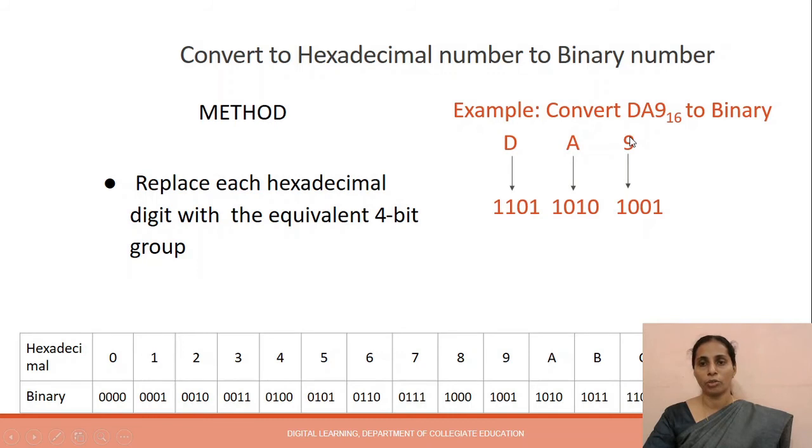Write a 4-bit group for each symbol in that number. So 9 can be written as 1001. A in hexadecimal as 1010. D in hexadecimal as 1101. So the binary equivalent of DA9 is 1101 1010 1001.